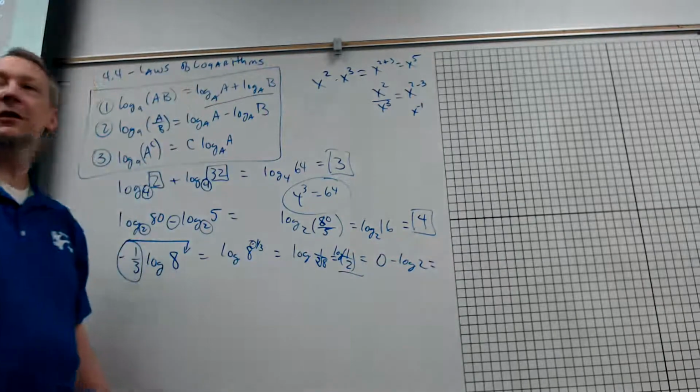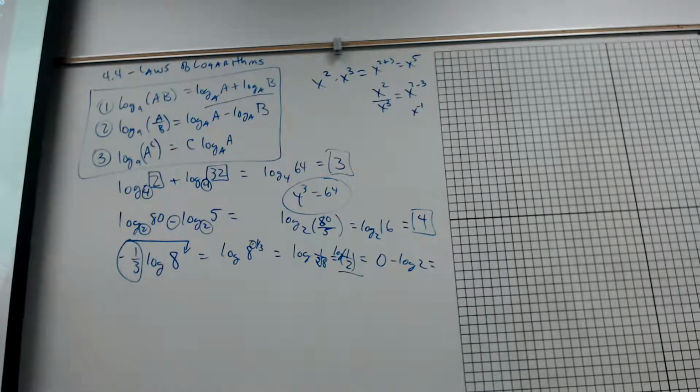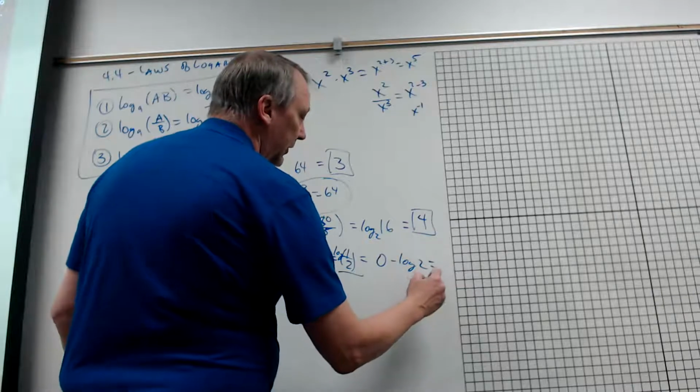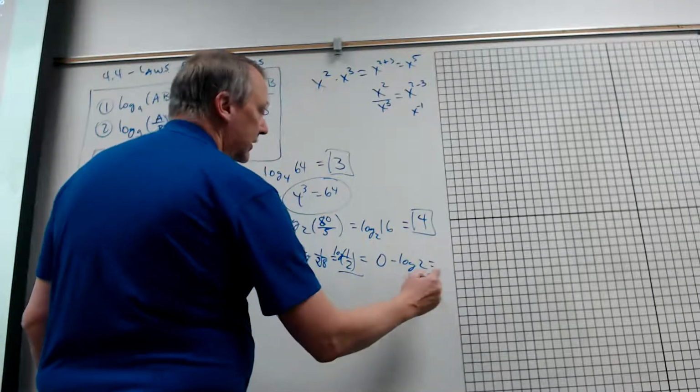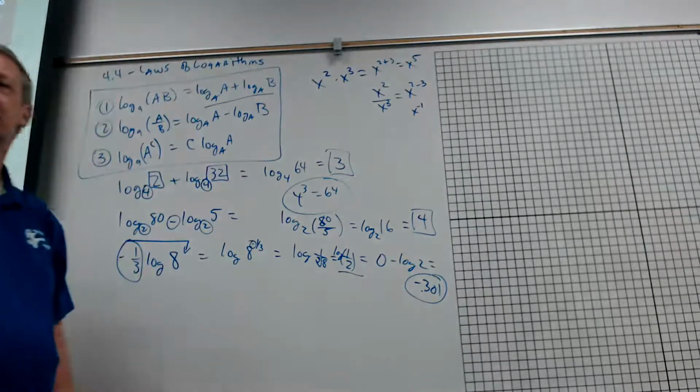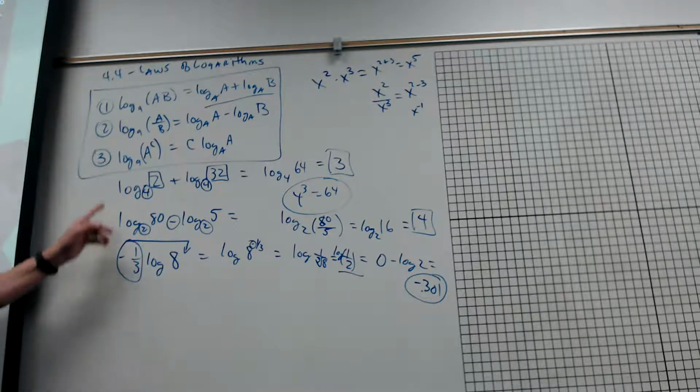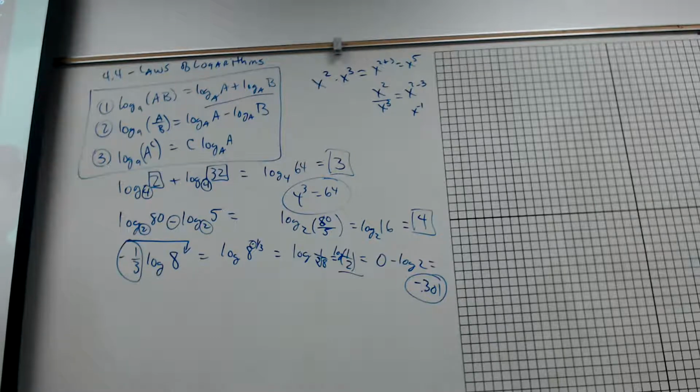What's the log of 2? You can look that up in your calculator. You should get 0.301, and it's negative because I subtracted it from 0. So I actually got to use rule number 3 and rule number 2 on that one. That make sense? Okay.